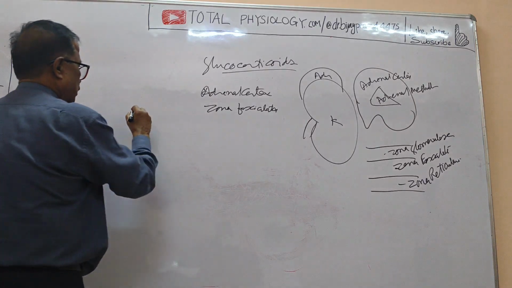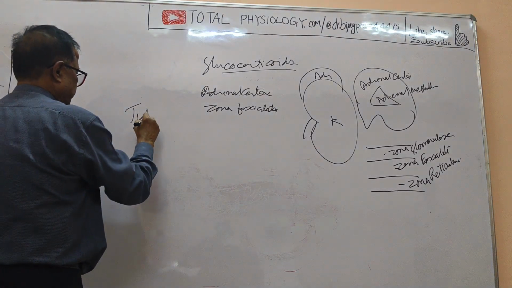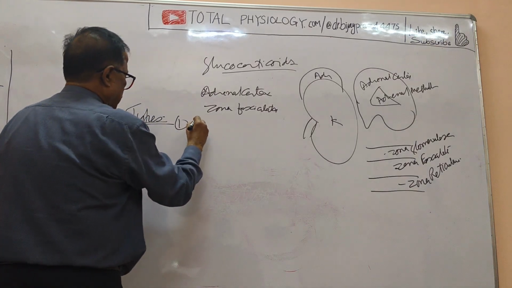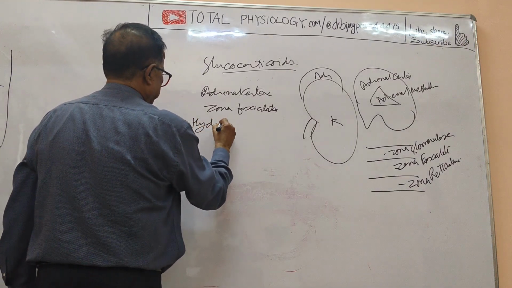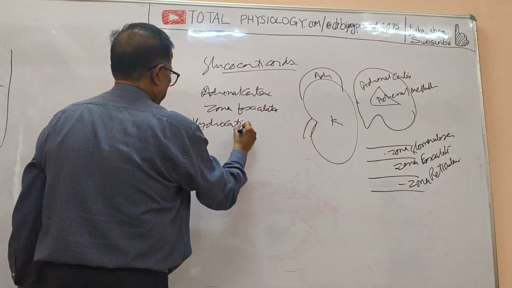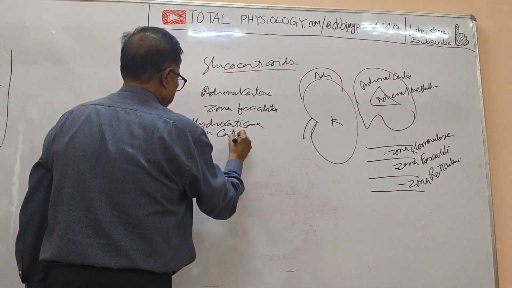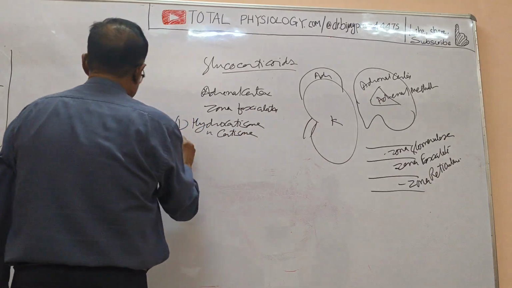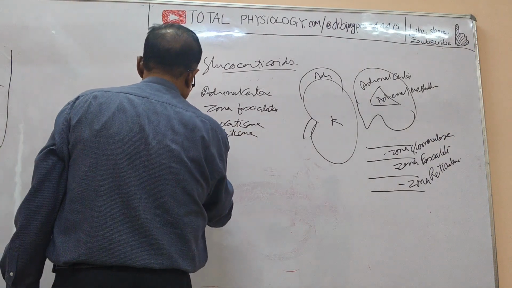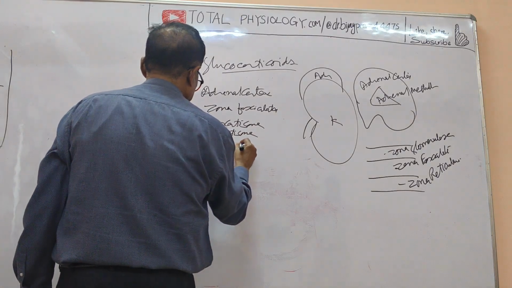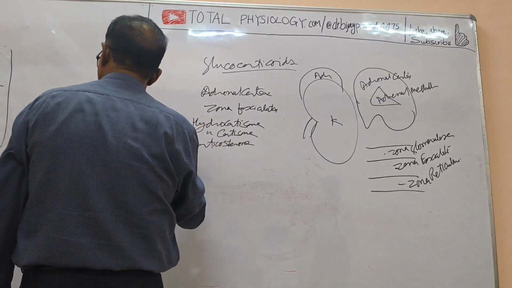Types of glucocorticoids. Number one, hydrocortisone. Number two, corticosteroid. Number three, cortisone.